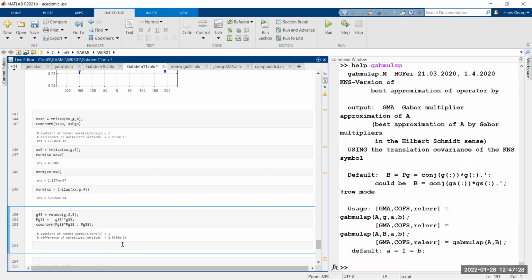What I want to show you is that we can also use a routine which is called pi star. In symbols, in the article of Werner Kozek, the paper with Werner Kozek from the Brown book, we have another way to compute it. We take the pi star with parameters 3 and 5 applied to the projection to the Gauss function 3 and 5, and that should be the element on this here.